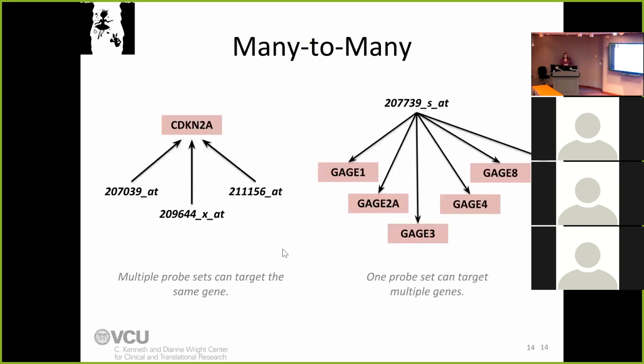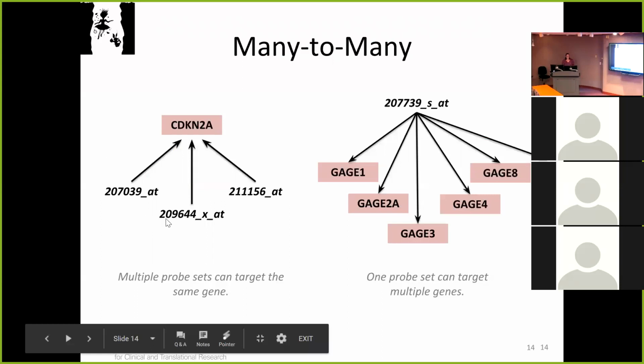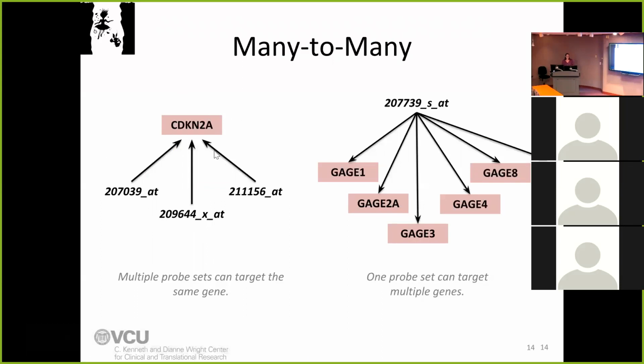Another peculiarity about Affymetrix is its many-to-many relationships with probe set IDs. If you've ever tried to take probe set IDs and map them to gene names, you might get a bit of a surprise for some of them, because multiple probe set IDs can map to 1 gene, and also 1 probe set could cross-hybridize to multiple genes in the same family.